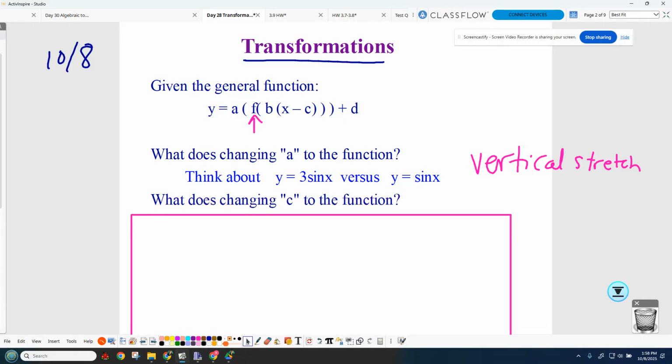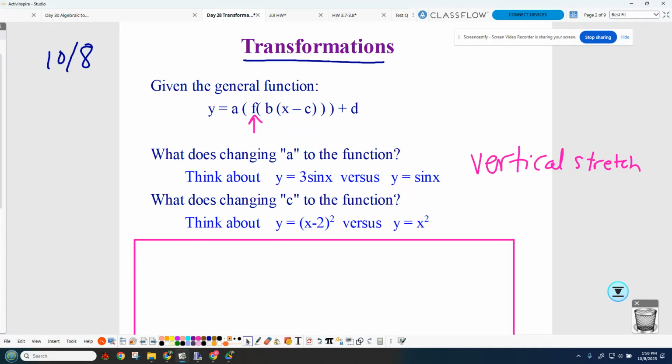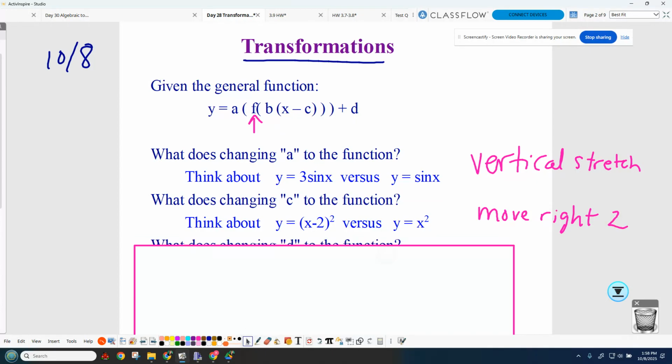What does changing the C do? Horizontal shift. Right. This specific example would make it move right. So that means G would probably be up and down. Yes. And it doesn't matter what the function is.